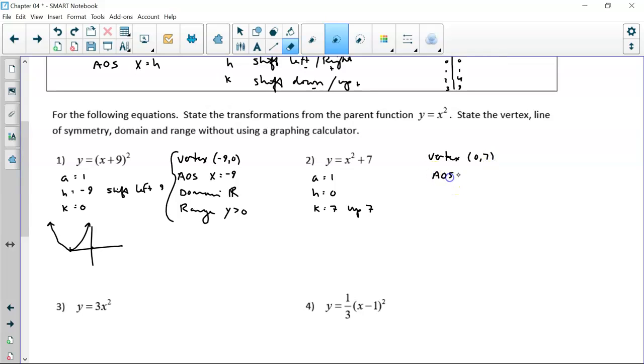The axis of symmetry, x equals 0. Domain and range. I'm going to make a quick sketch. I know I'm going up 7 and my parabola opens up. So my graph is going to look like this. So my domain, all real numbers for all of these, and my range, y is greater than or equal to 7.